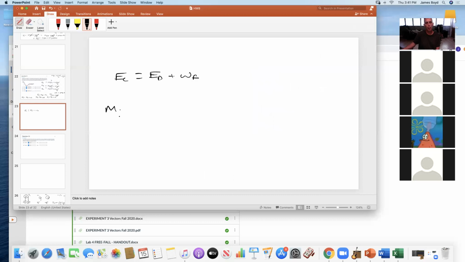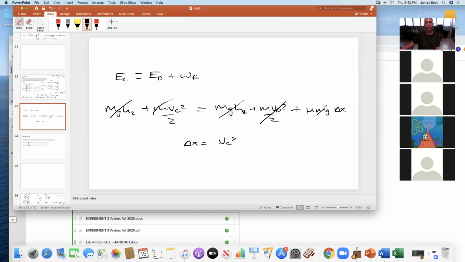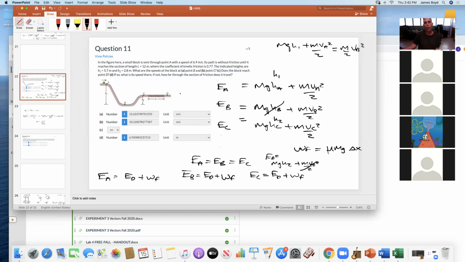So we would get mgh2 plus mvc squared over 2 is equal to mgh2, d and c are at the same height, plus mvd squared over 2 plus mu mg delta x. A few things first, these two terms go away. We assume that it comes to rest. We can get rid of the mass. So delta x is vc squared over 2 mu g. You're going to find when you do this that it's less than L.